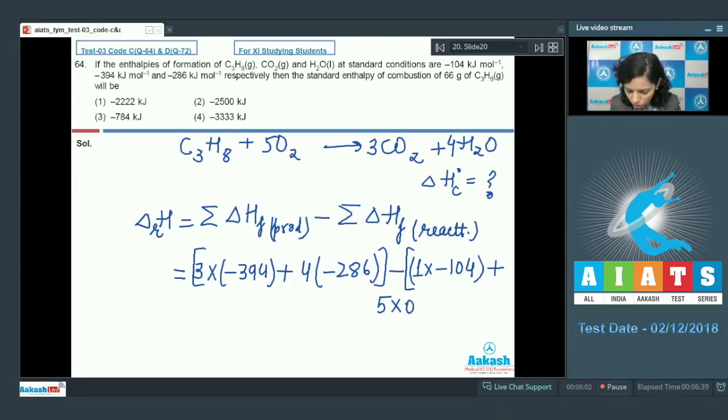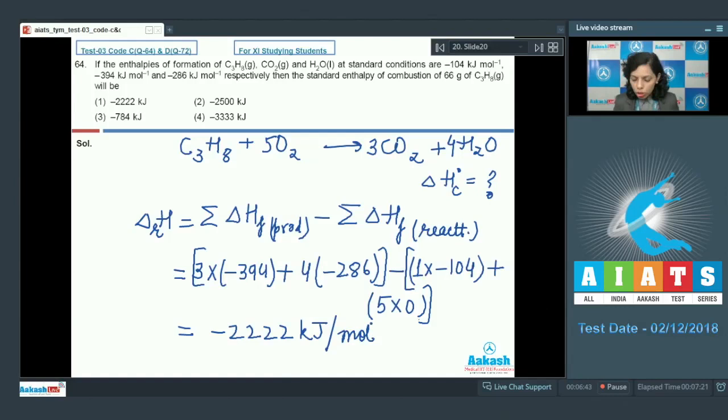That is 0. So if you solve this you will find out that the value for this case is minus 2222 kilojoule per mole.